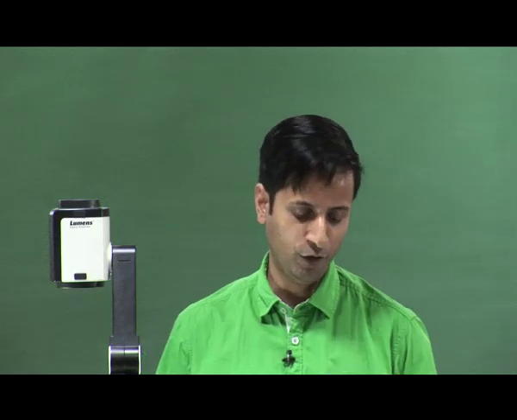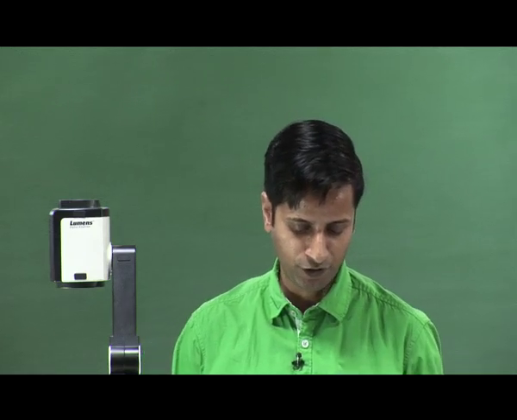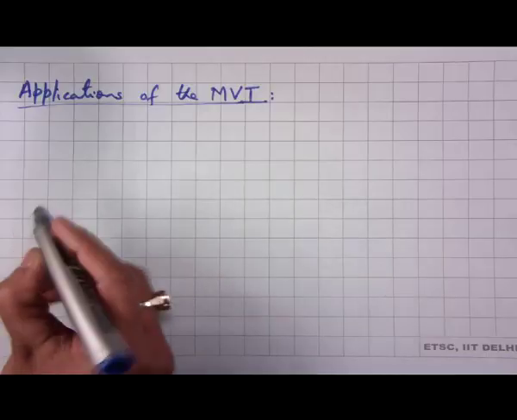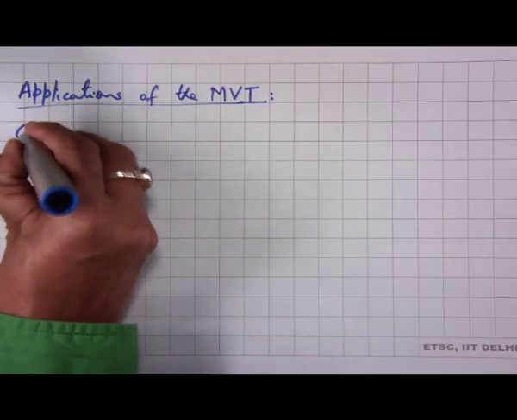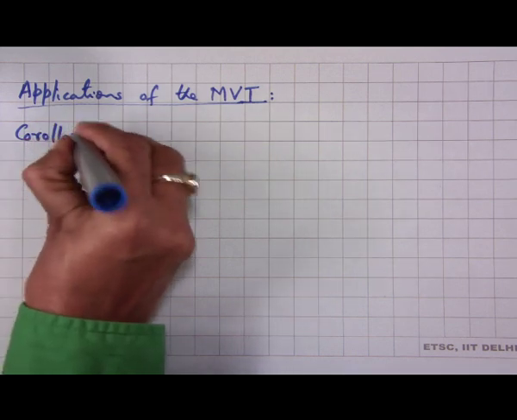Now, we will look at some applications of Rolle's theorem and the mean value theorem. So, one is corollary 1.